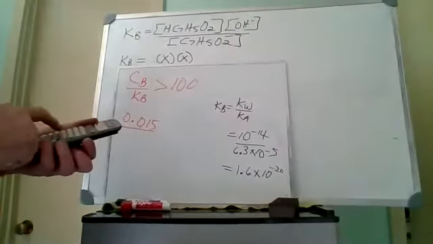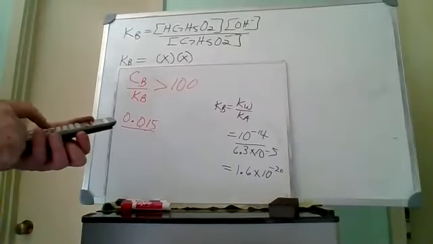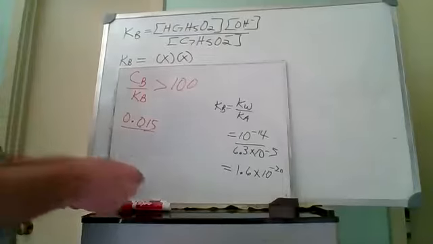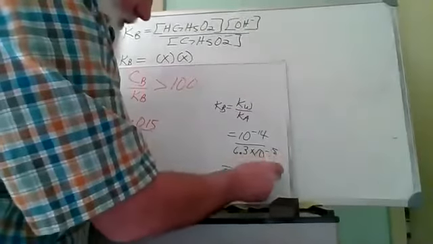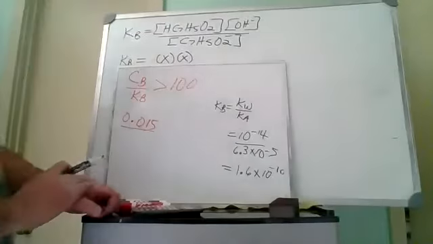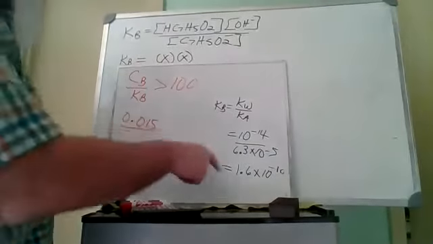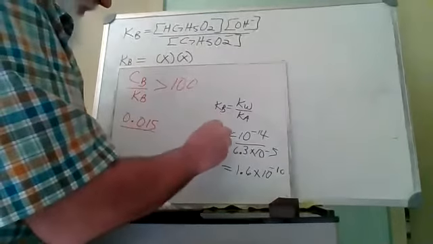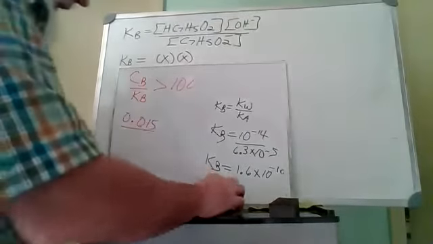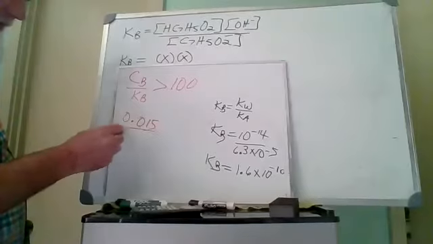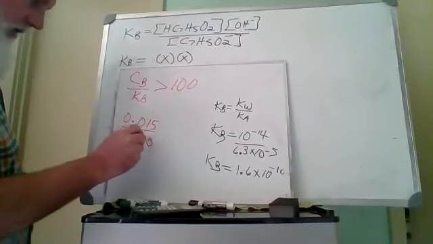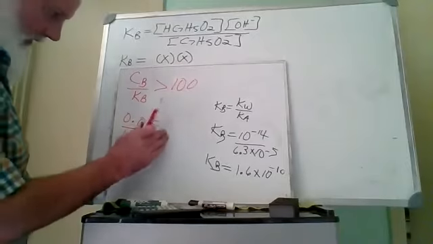Okay, this should be negative 10. So that's the value for KB. I'm going to bring that back over here. So CB is 0.015, KB is 1.6 times 10 to the negative 10.